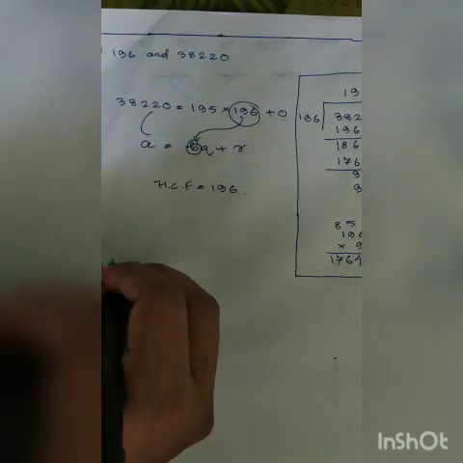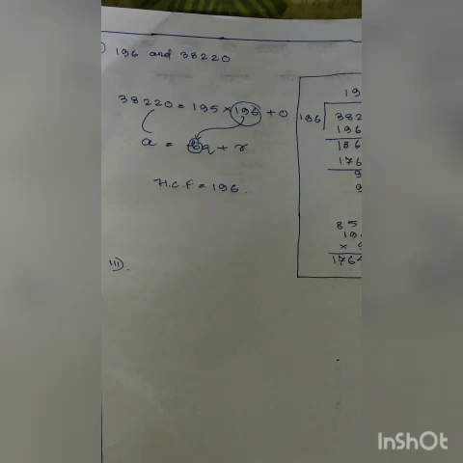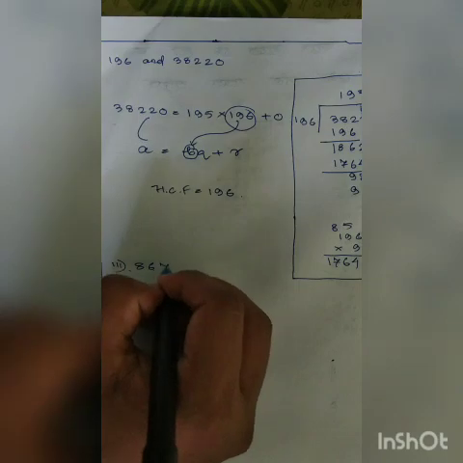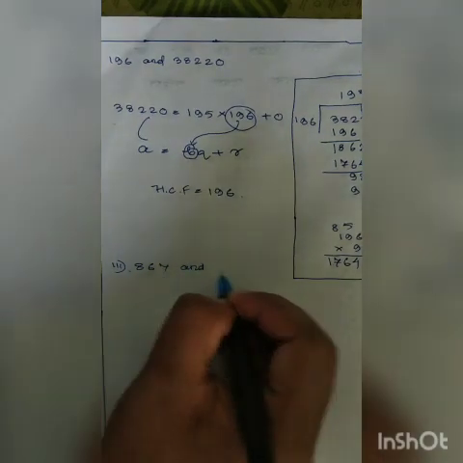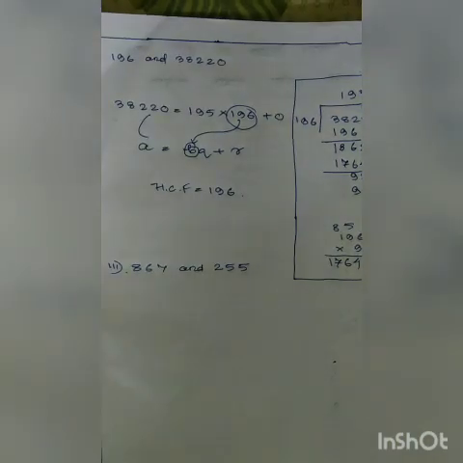The third question is 867 and 255. The same procedure here also.